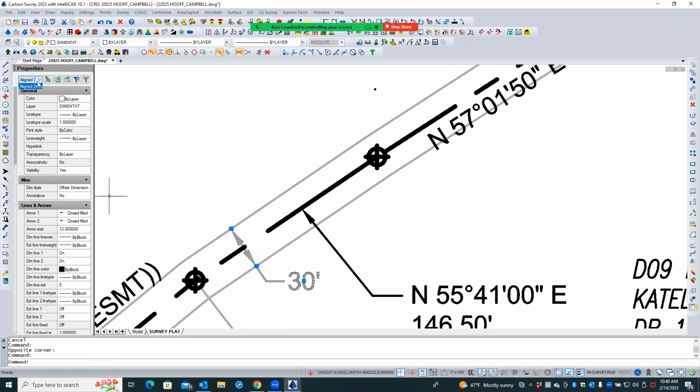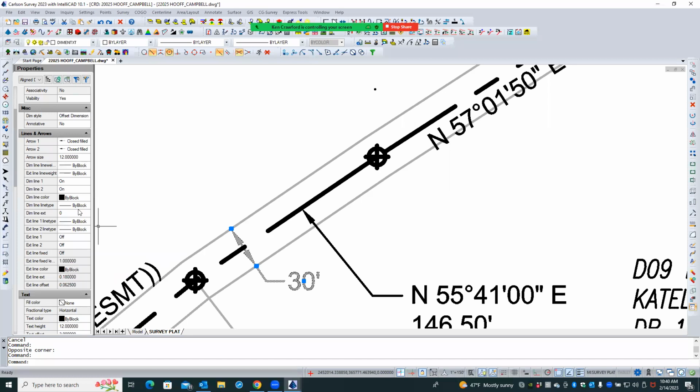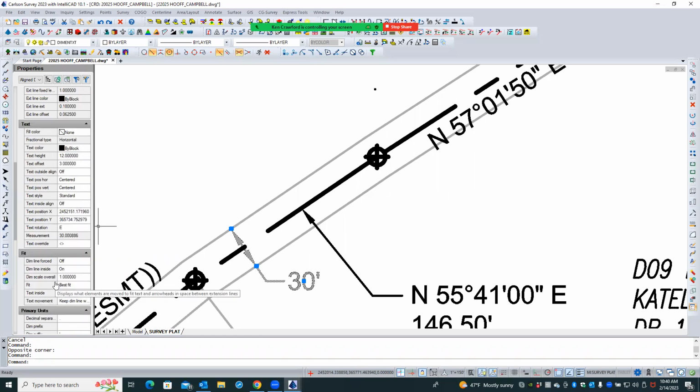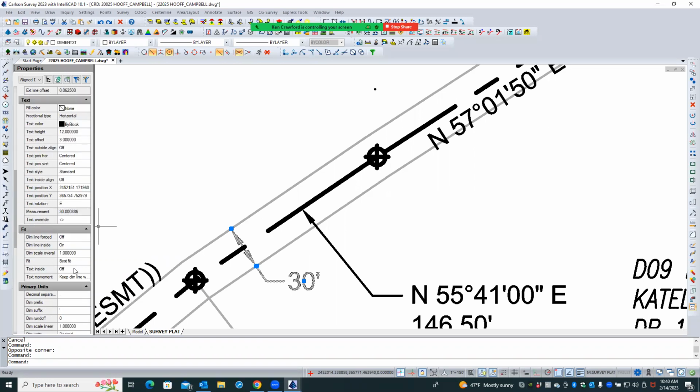See up here, it says it's an aligned dimension. Yeah. And there's a way you can control all that. Now, it's not necessarily worth going to all that effort all the time. But the property that you're looking for is under the fit category.